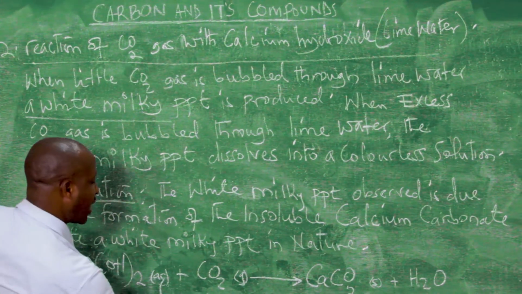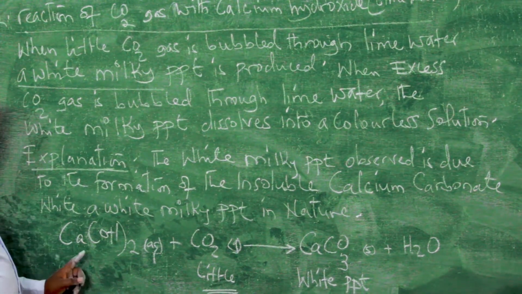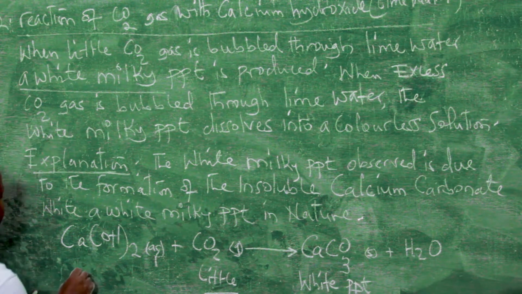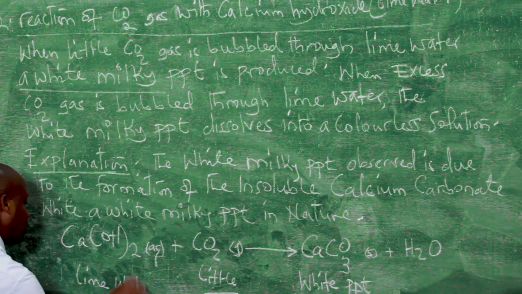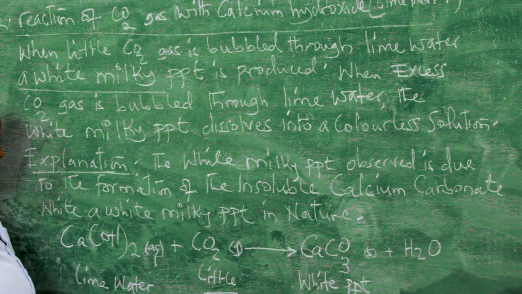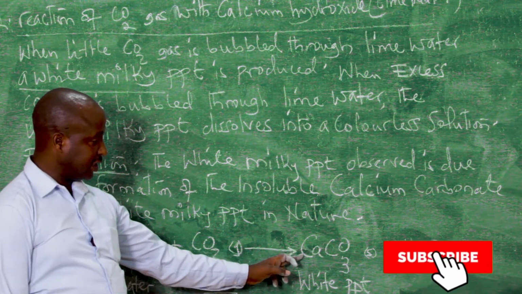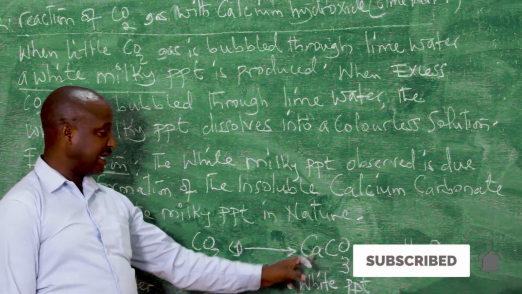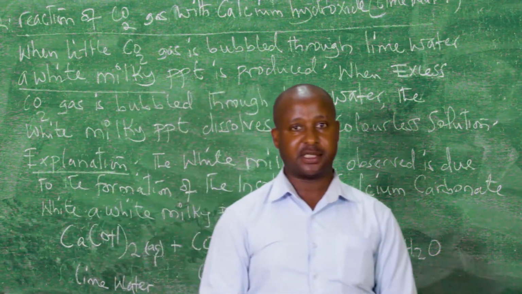When a little carbon dioxide gas is bubbled through lime water, calcium carbonate is produced, and calcium carbonate is a white milky precipitate.